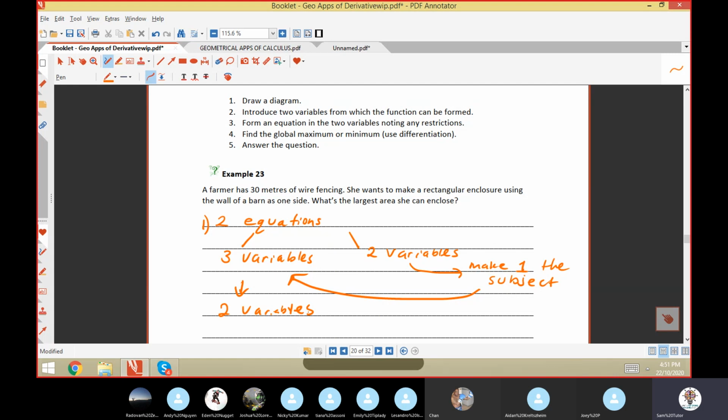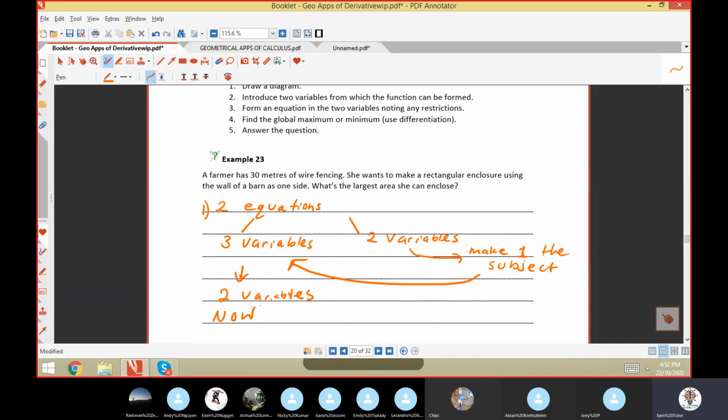Your 3 variables now become 2 variables. Now that you've got 2 variables, you can obviously differentiate. Because when you have 2, like y's and x's, you're allowed to, if you've got y's, x's, and z's, you can't differentiate, you've got 3 letters. So you're meant to always differentiate a 2 variable one. So 2 variables, now stat points and nature, and you're done. Answer the question, finished.